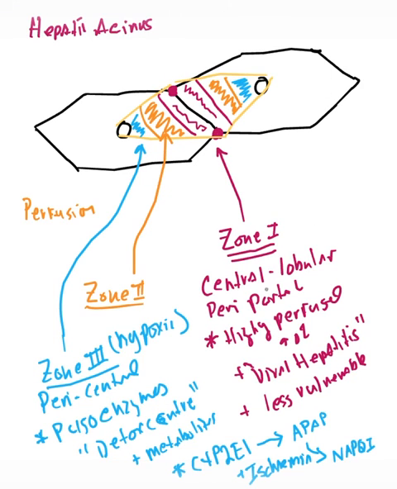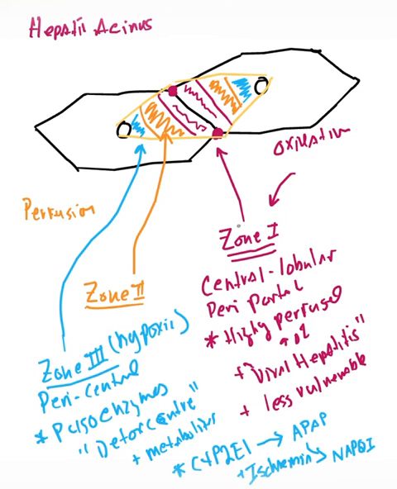Before I end this video, just a couple of things you might want to know about zone 1. Because it is oxygen rich, you would expect a lot of oxidation to occur here.